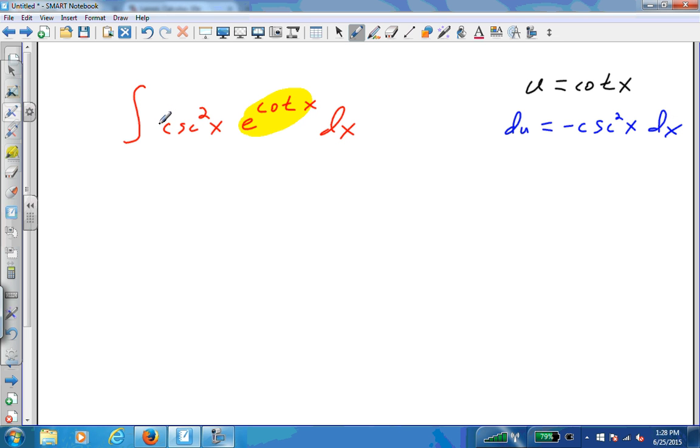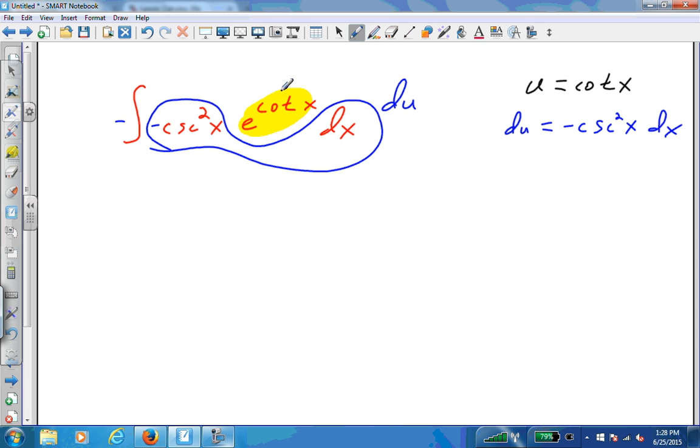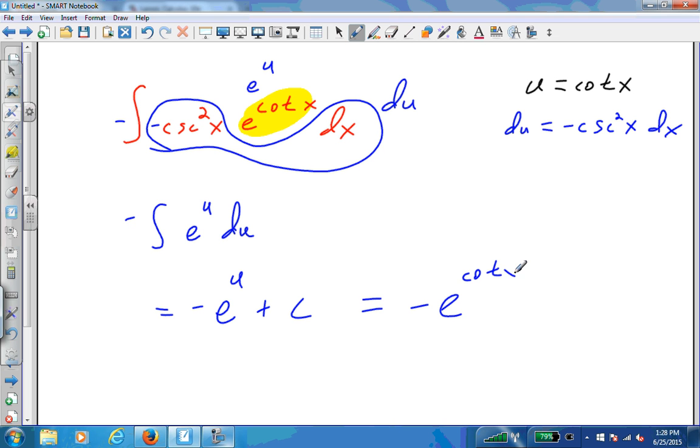So we've got our cosecant squared dx. We just need a negative. If we multiply by a negative inside, then we have to do that outside. So that's du. This is e to the u, so we just have negative the integral of e to the u du, which of course integrates into e to the u, so minus e to the cotangent x plus c.